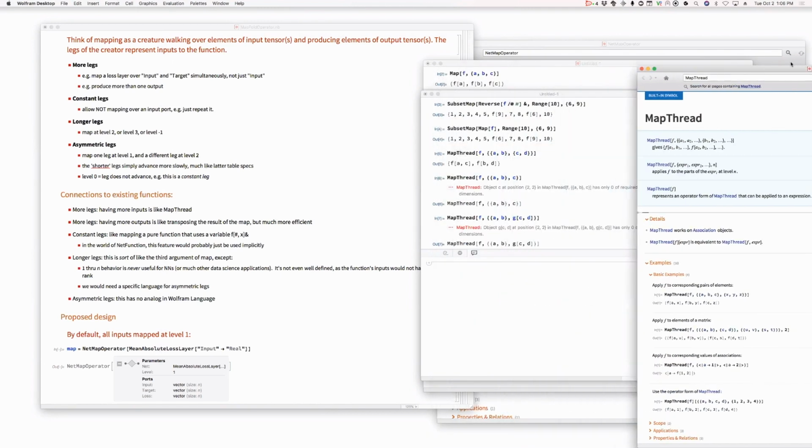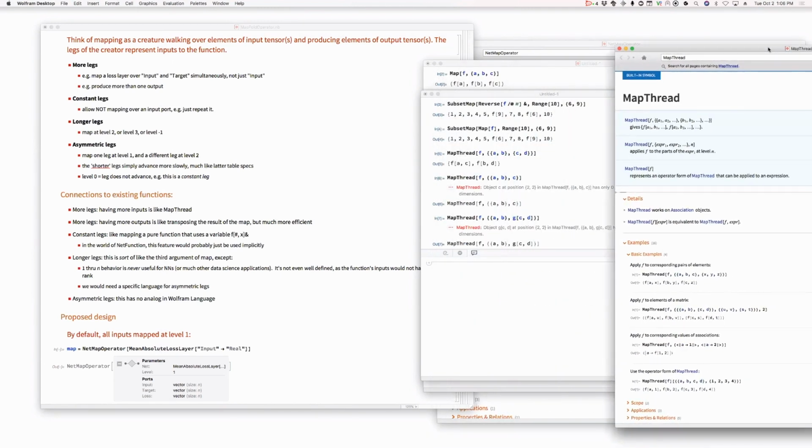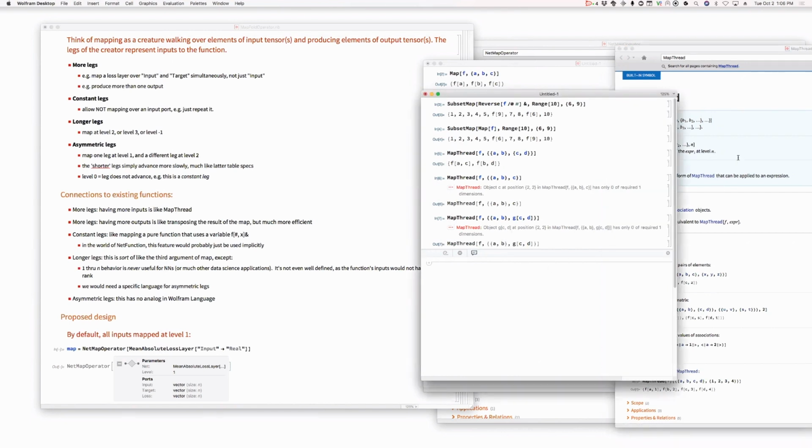Right. Well, so what you're saying is that you want a map thread where the third argument has more structure than just giving you a level spec, because the level spec would give you, so for example, if I say array A, let's say 222 here, that'll make that array.